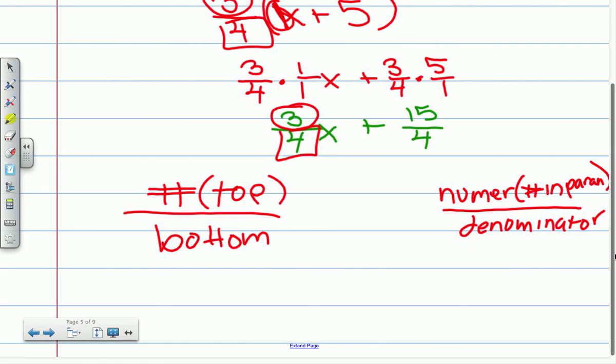And I want you to distribute 5/6 times 3x plus 2. I want you to distribute that fraction.